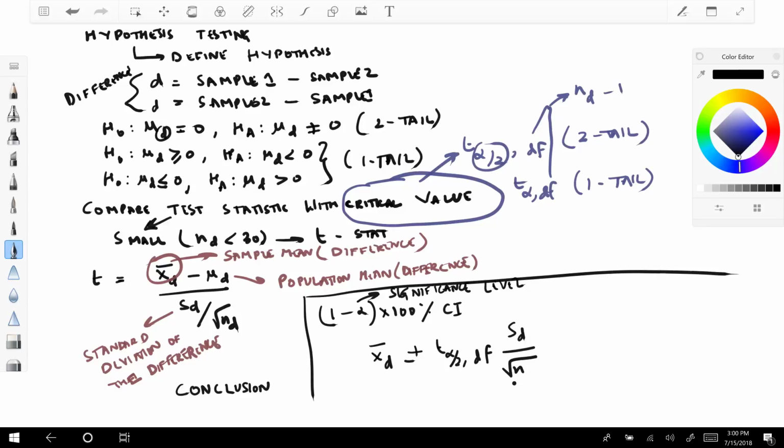The degree of freedom here is nd minus 1. If you see this formula, xd bar is the estimator, and this is the margin of error.